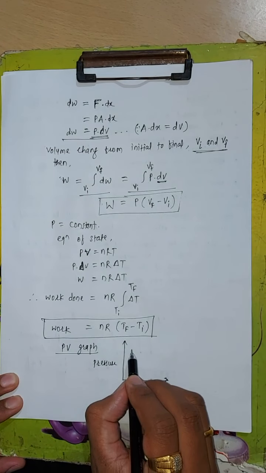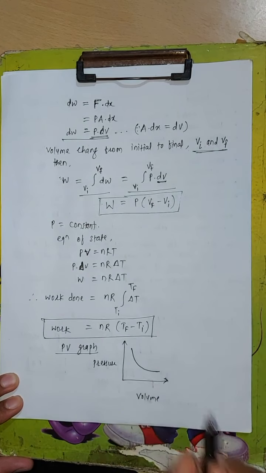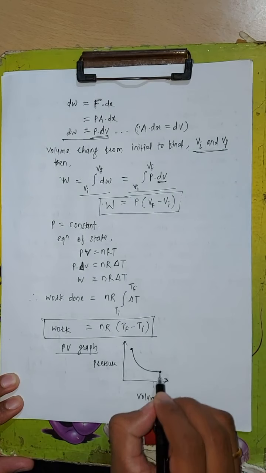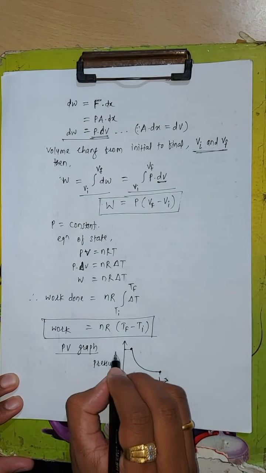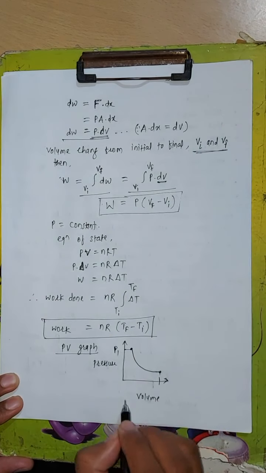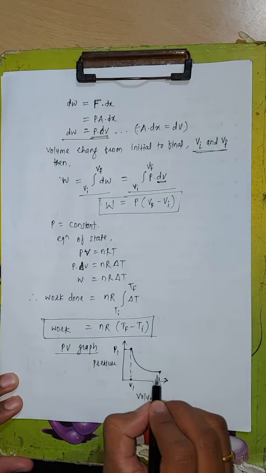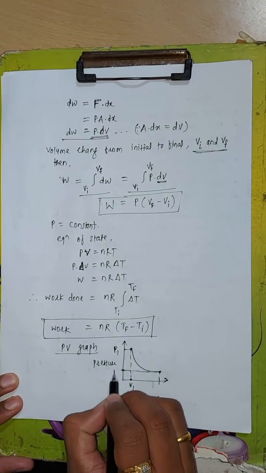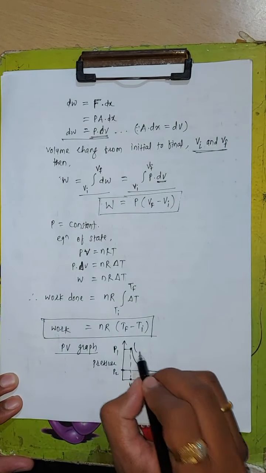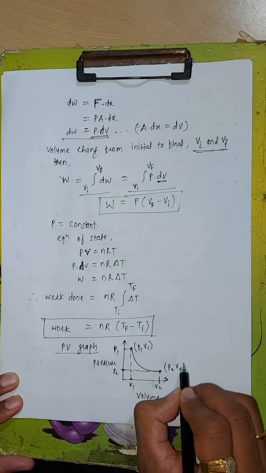Okay, suppose that volume decreases like this, so we can take these two points here like this. This point is P1 and this point is V1. Then this point is P2 and this point is V2.